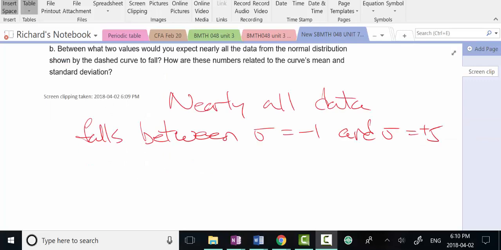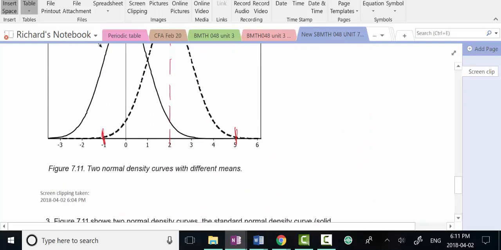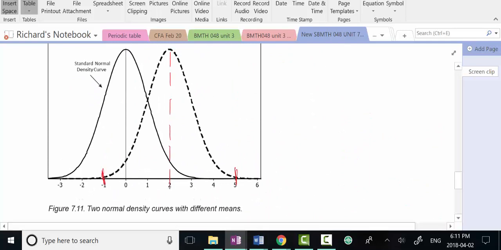Looking at the curve, here's the mean. The mean's at 2. So that's 3 standard deviations, 1, 2, 3, below the mean, and 1, 2, 3 standard deviations above the mean.